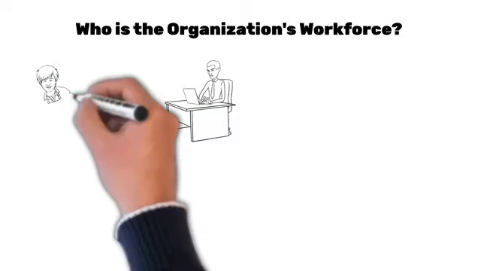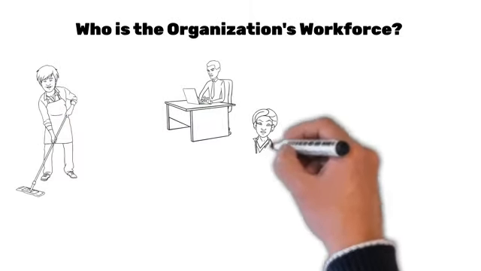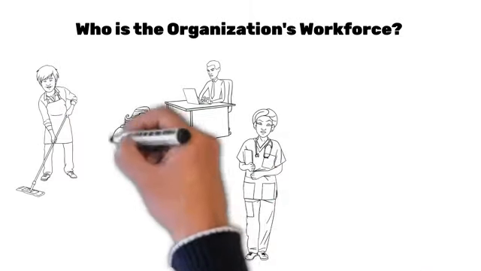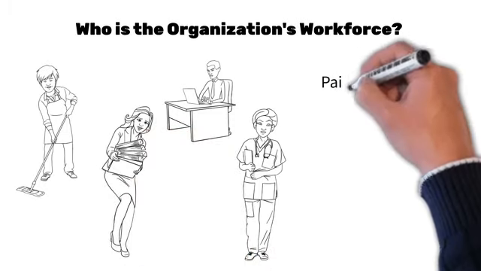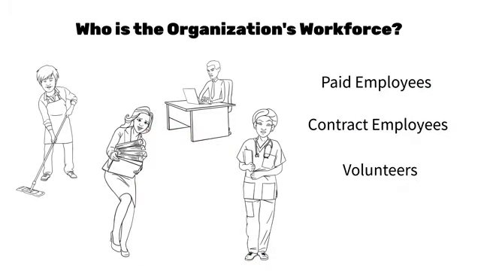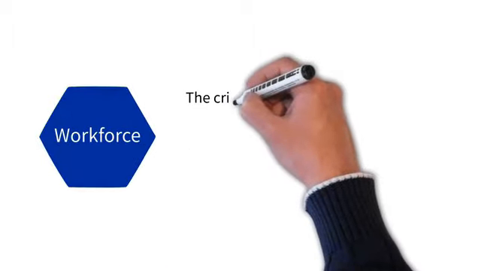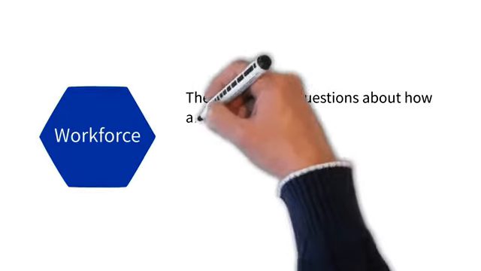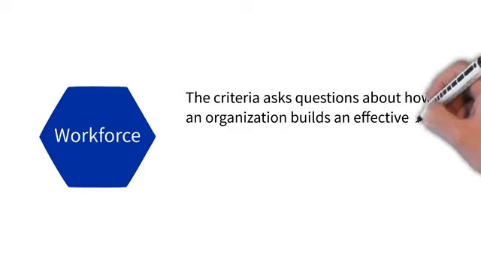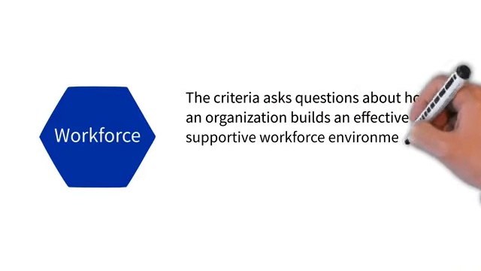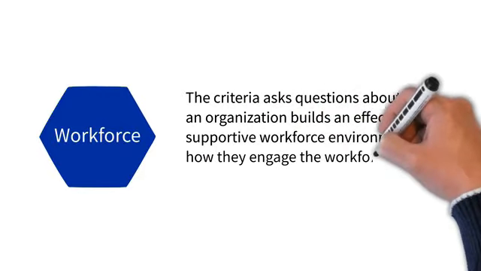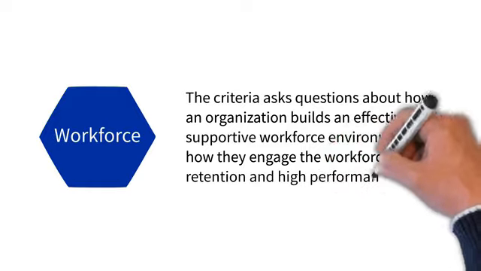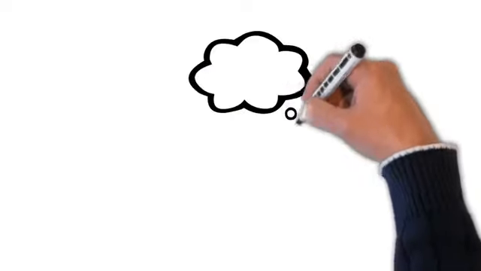Workforce is defined as all people actively supervised and involved in accomplishing your organization's work. So the workforce includes paid employees, contract employees, and volunteers, if that applies. Considering this definition of workforce, the criteria asks questions about how an organization builds an effective and supportive workforce environment and how they engage the workforce for retention and high performance.